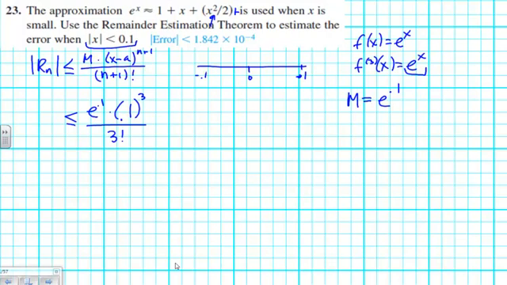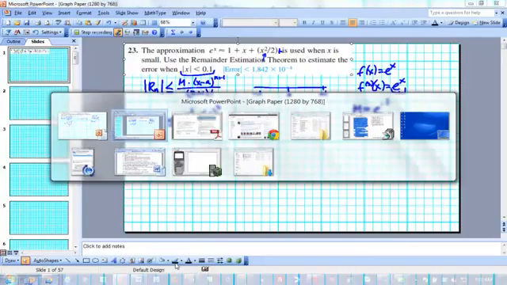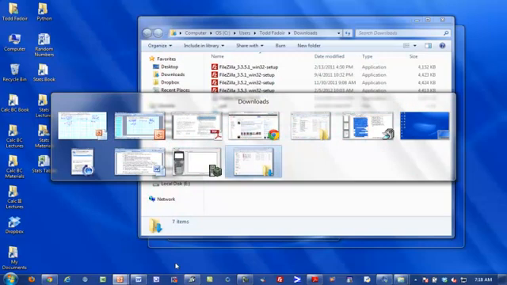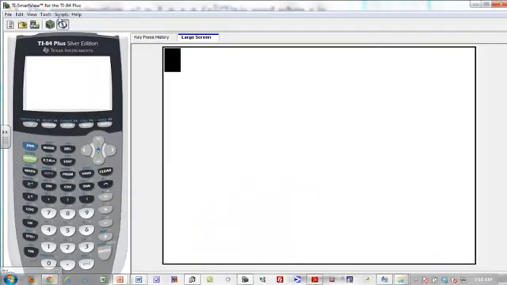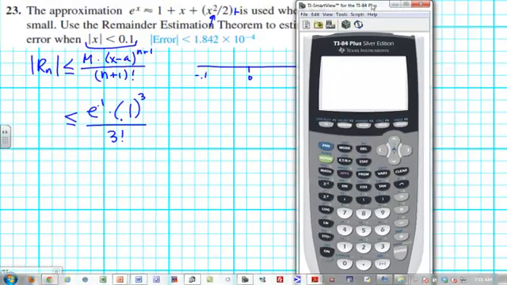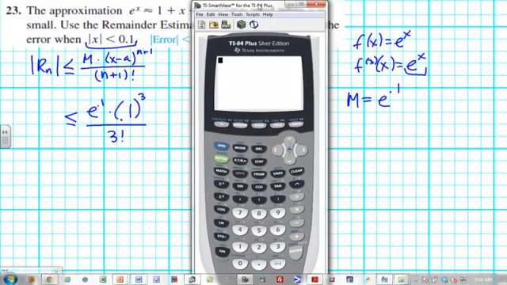Now, we're going to calculate this. Let me get the calculator out. Go to the large screen for a second. Move this over to the side. All right.